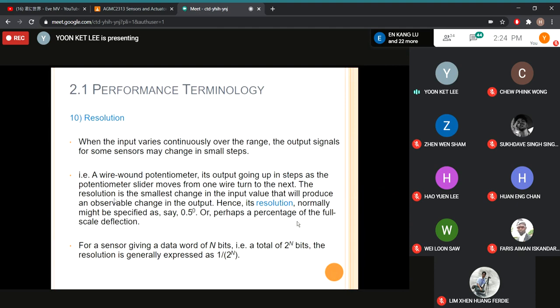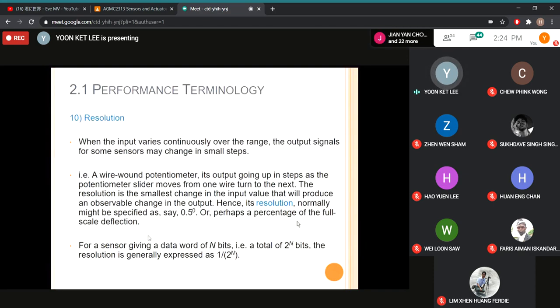The resolution is the smallest change in the input value that will produce an observable change in the output. For example, our resolution for our robotic arm may be 0.5 degree. That means for every movement they can do, the minimum is 0.5 degree.